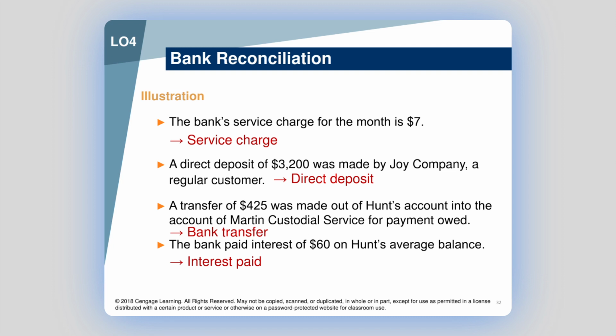A transfer of 425 was made out of the Hunt account into the account of Martin Custodial Services. So, ano tawag niyan? Bank transfer. You have also interest paid by the bank of $60 on Hunt's average balance, and that would be your interest revenue.